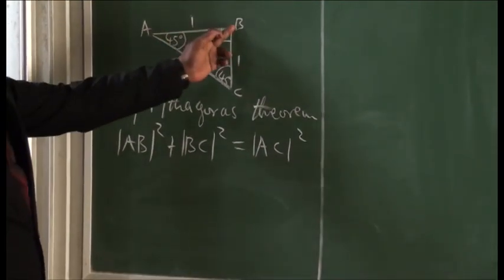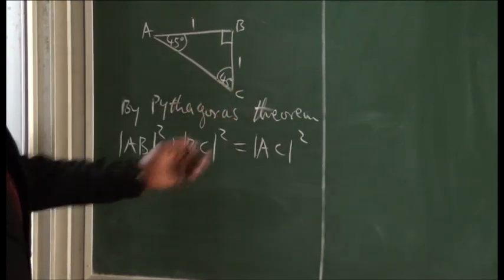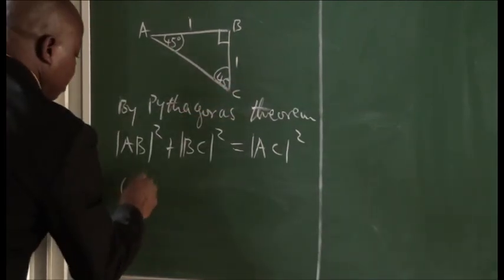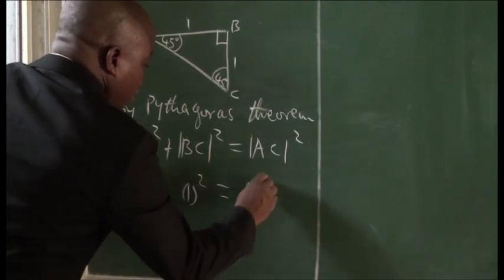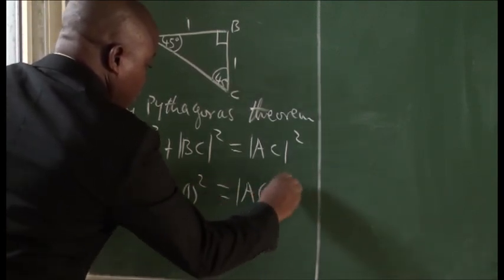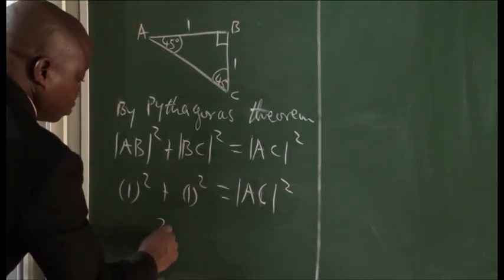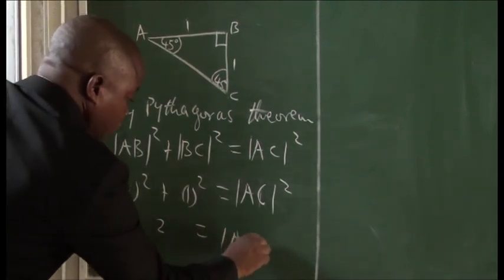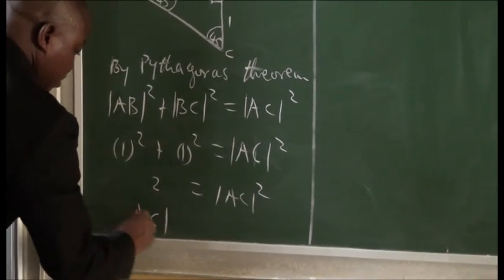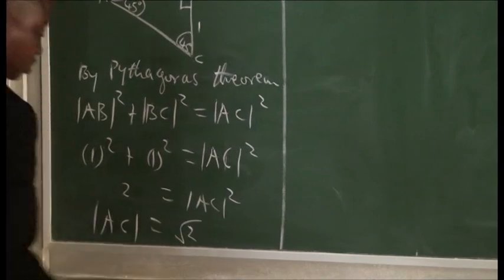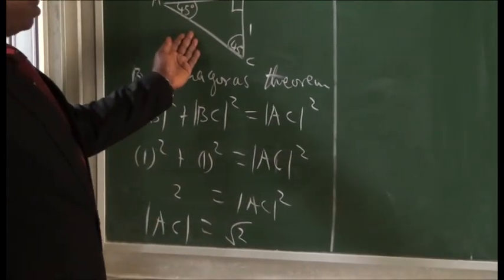This side square plus this side square will be equal to this. And this is 1 square plus 1 square equal AC square. This is 2 equal AC square. That means AC is equal root 2. So this side is root 2.